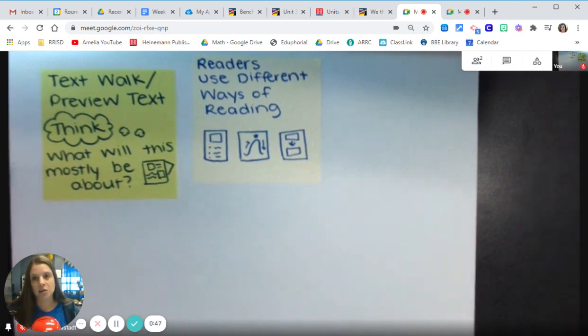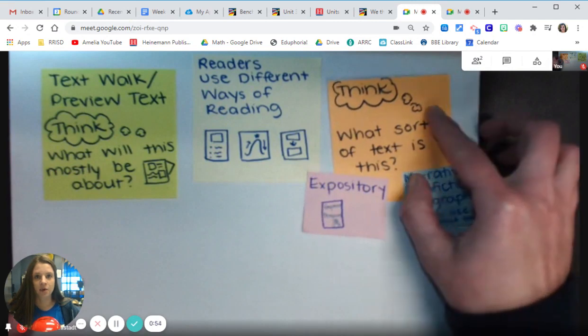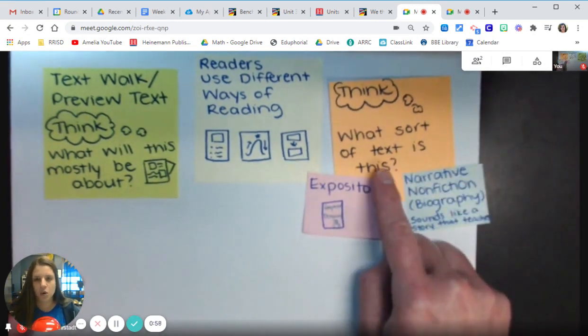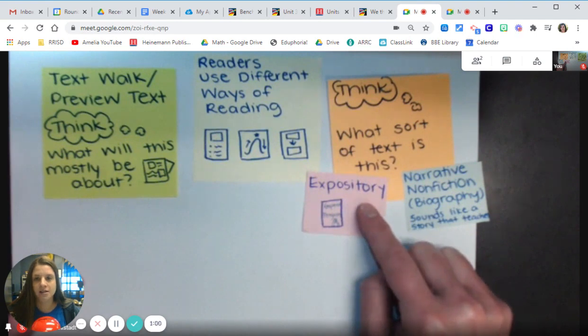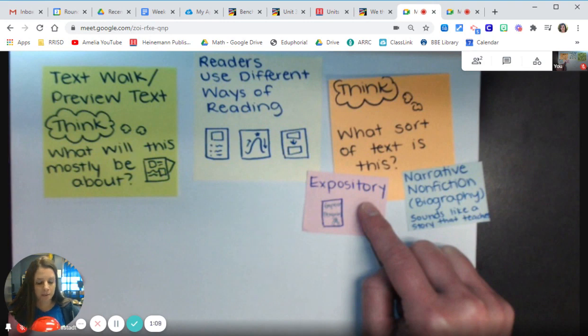Also, readers, as you go through and do your text walk, something else that's helpful is to think, what sort of text is this? When we're reading informational texts that teach us, it could be expository, like our Emperor Penguin books that taught us all about emperor penguins and their structures and habitats and so on.